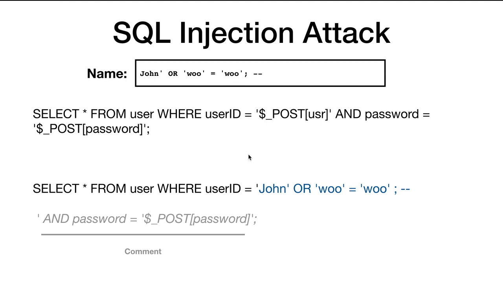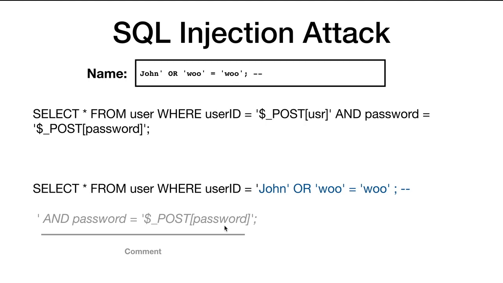So now this would be read as select everything from the table user where user ID equals John, or blah blah blah equals blah blah blah. And then this is just a comment, so this part doesn't get kicked in at all. So the password being correct is not relevant to the selection of the rows from the table.